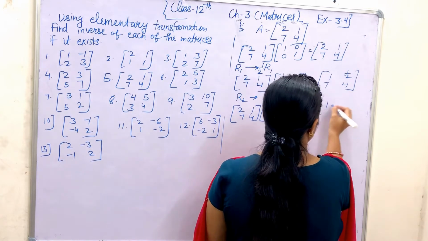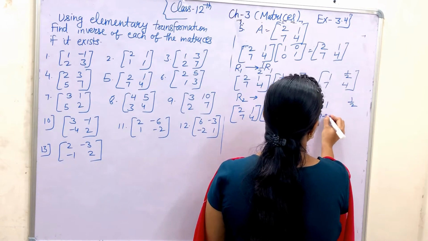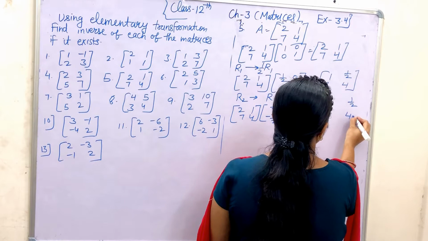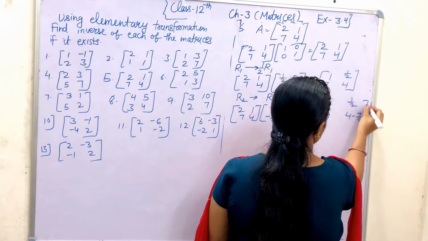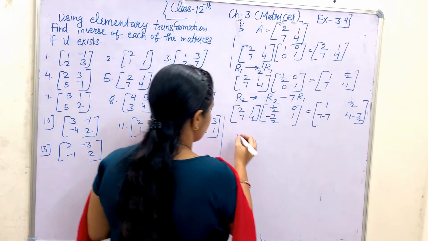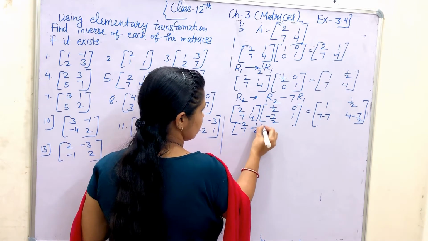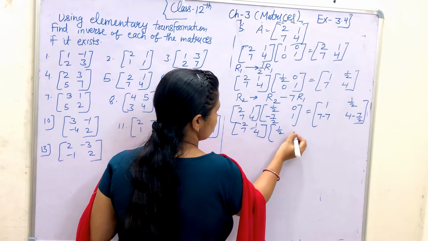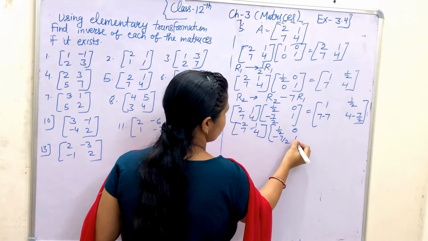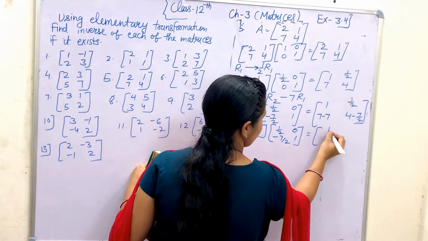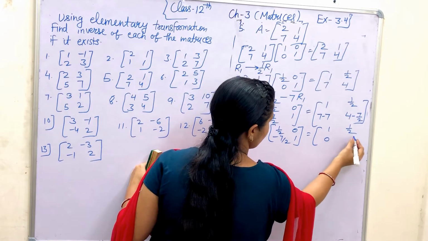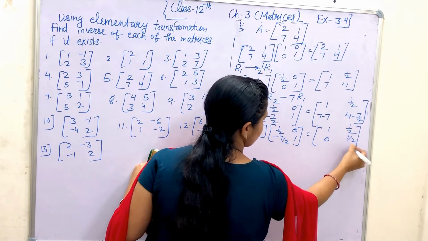Here we say 1, 1 by 2. 7 minus 7. Here is 4 minus 7 by 2. 2, 7, 1, 4. 1 by 2, 0. Minus 7 by 2, 1. Here is 1, half, 0, 1 by 2.